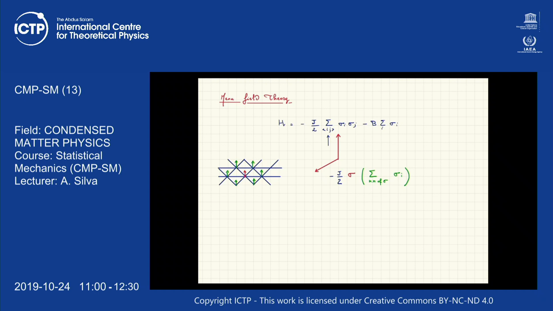Now, what happens is that these nearest neighbors will have different statistical configurations and will fluctuate among the different statistical configurations you are summing upon. But the point is the following.